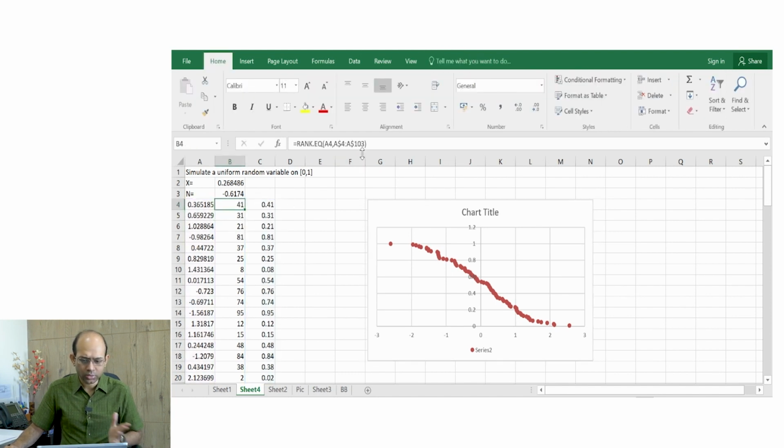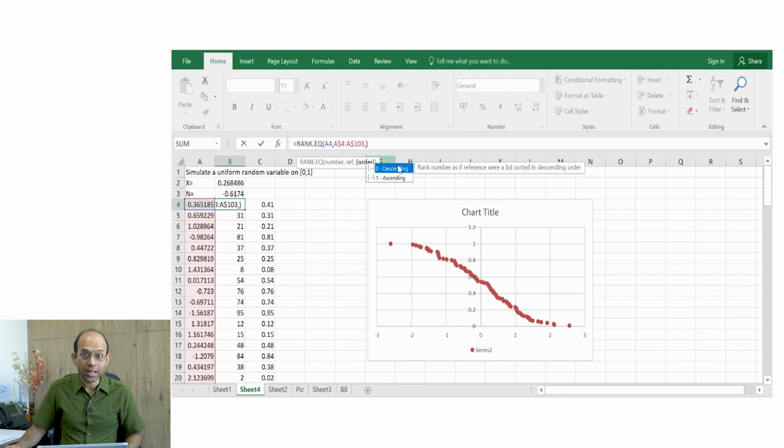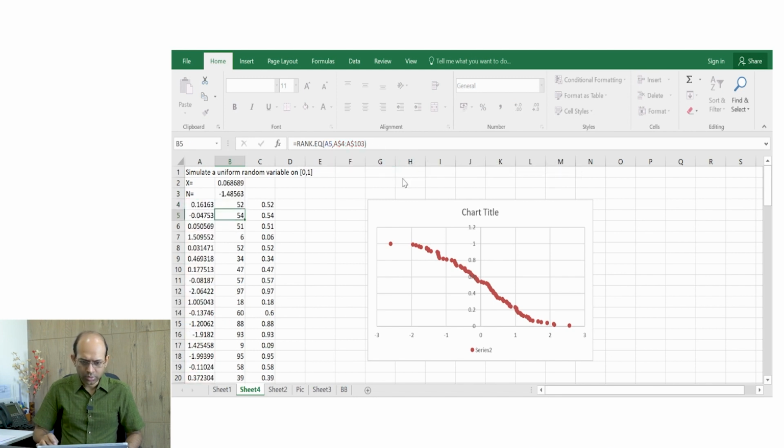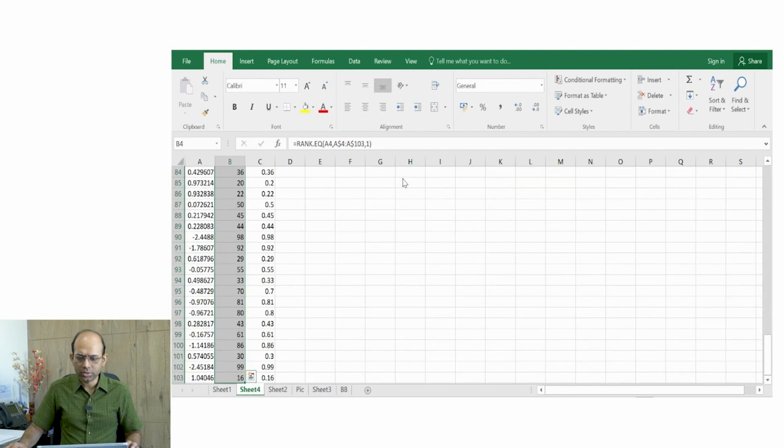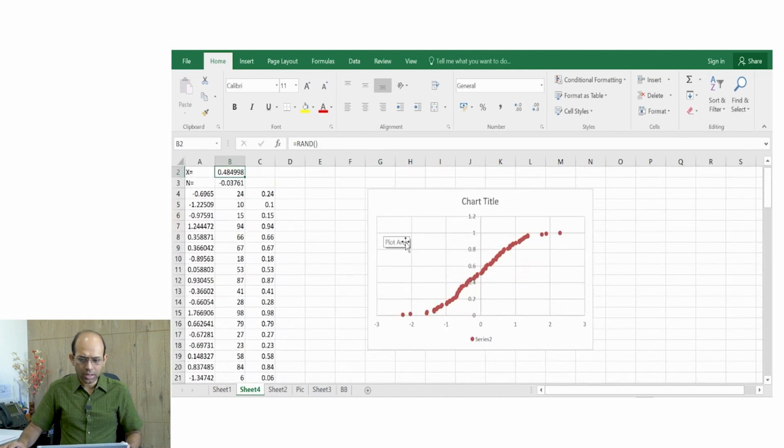So that it looks like a CDF, I should put the ranking in ascending order. They need to look like a proper CDF. So we do that here. Yes, now it looks like a proper CDF, correct?